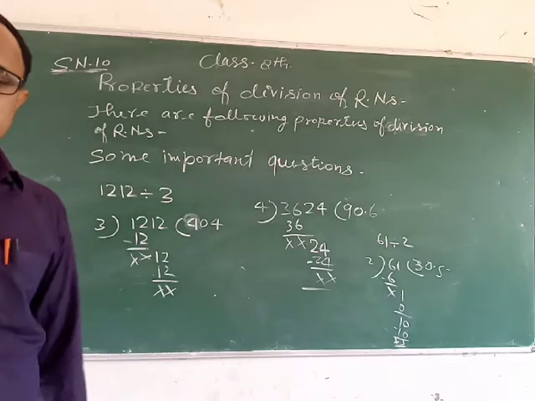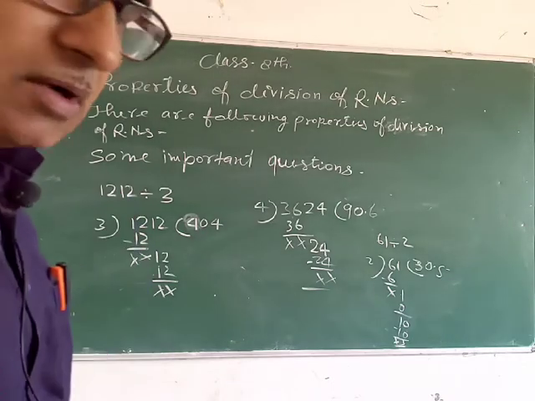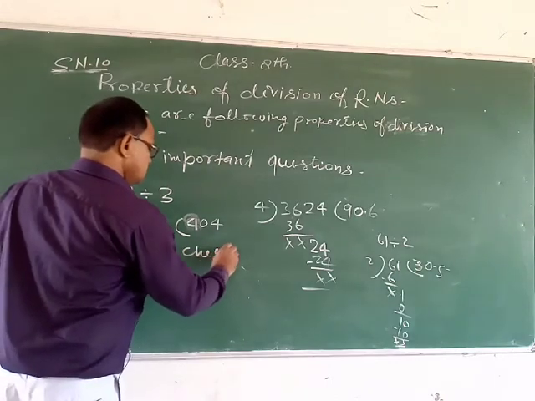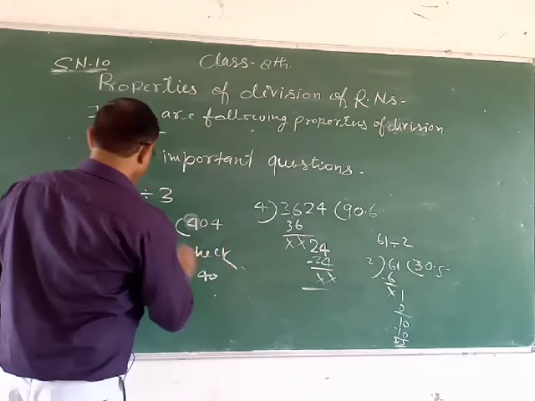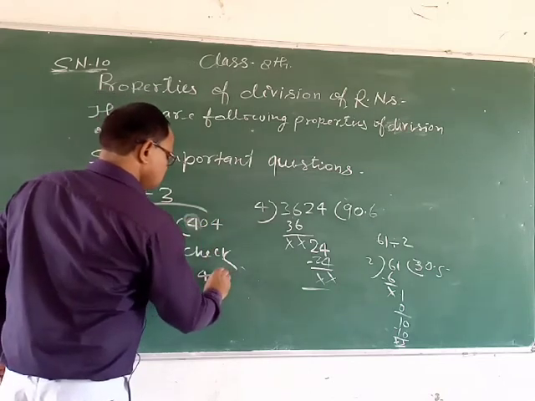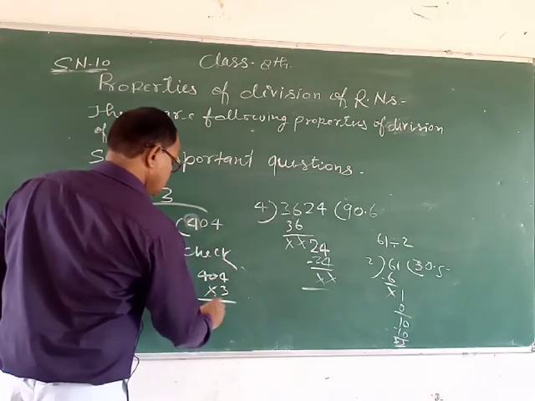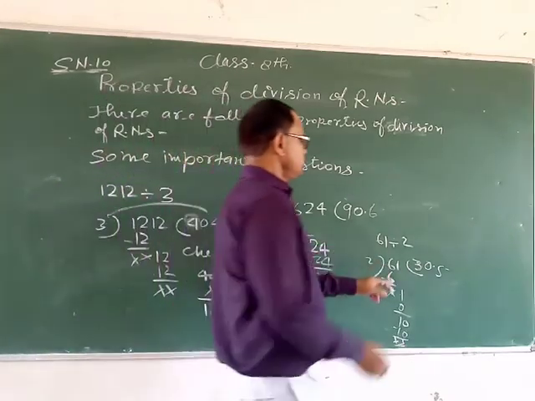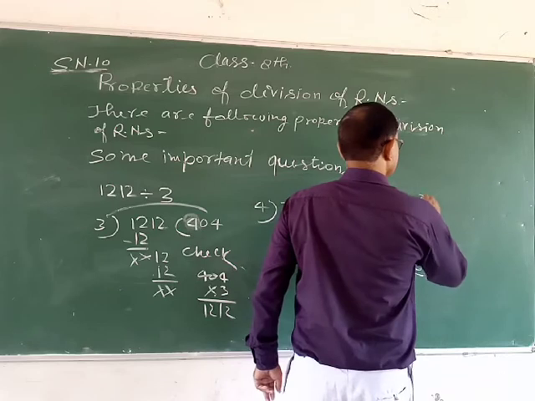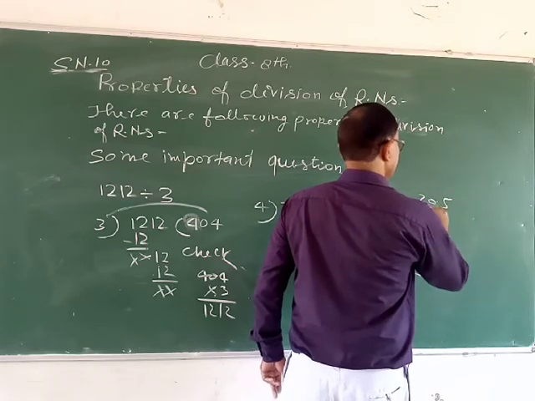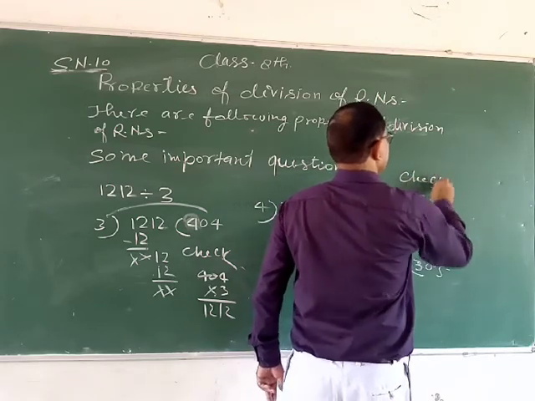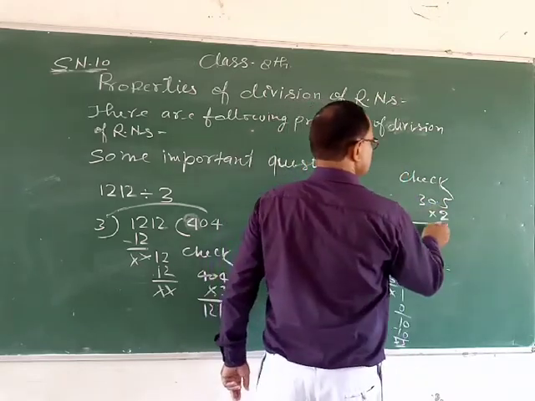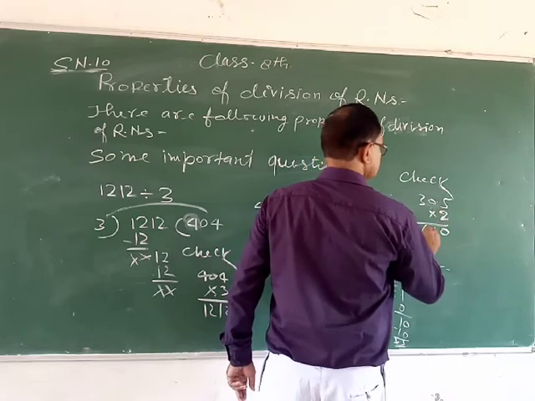And here, if you want to check, here 40 4 into 3, we get here 12 12, and here check 30.5 into 2. 2 5 ja 10, 0 plus 1, 1, 2 3 ja 6.